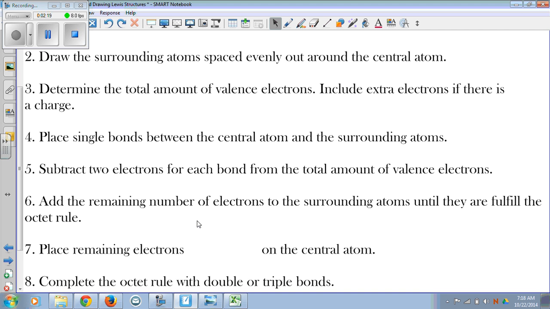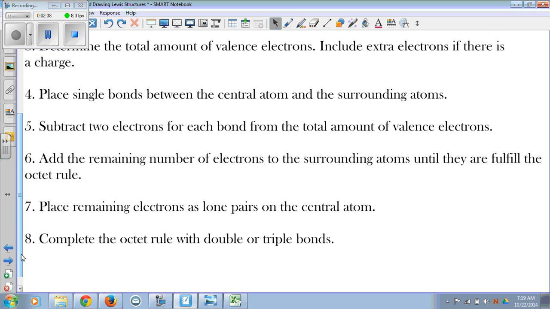After you get rid of the remaining electrons on your surrounding atoms, if you have any left over, you're going to put them as lone pairs on the central atom. Now, if doing that doesn't fulfill the octet rule, you have to complete the octet rule with double or triple bonds.